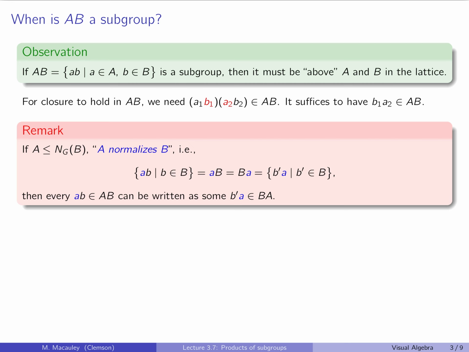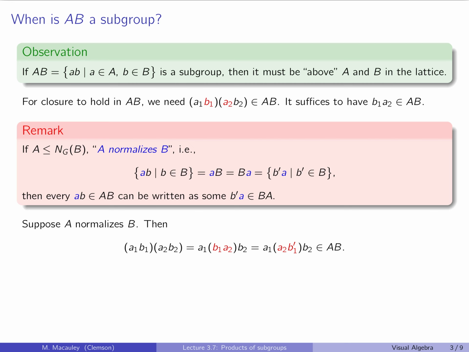Now a is fixed here, but b and b prime get to range over the entire subgroup. So that just means that everything that I can write as AB can be written as something else in B times A. In other words, every element of AB, which is in big A times big B, can be written as this over here, which is in big B times big A.